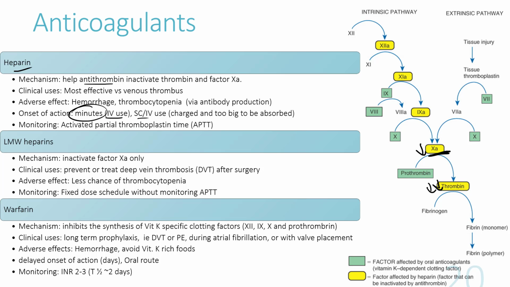You need to monitor someone who's on heparin because you want to make sure the risk of clots forming is decreased, but you don't want them to bleed out. So you need to keep a good dose so that it prevents hemorrhage but stops clotting, and you do this by monitoring activated partial thromboplastin time, or APTT.